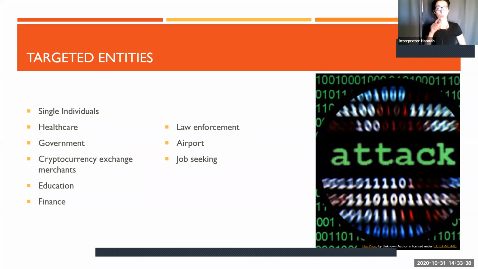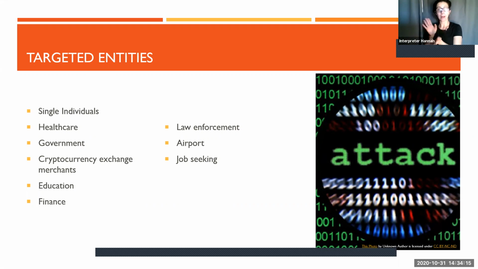So who are they really targeting, right? Single individuals, of course, for various reasons. Healthcare, very big. This is why hospitals and healthcare organizations always look for security people, because there's a need with the regulation, and also they're a huge target with health records. Government entities could possibly be dealing with warfare, also dealing with that nation's safety and the people.